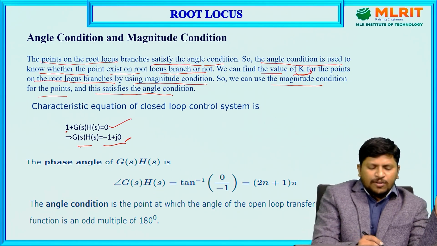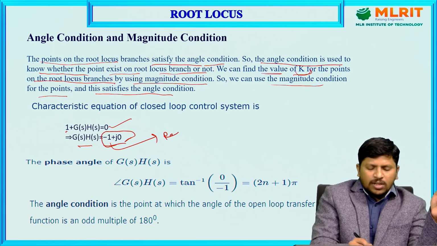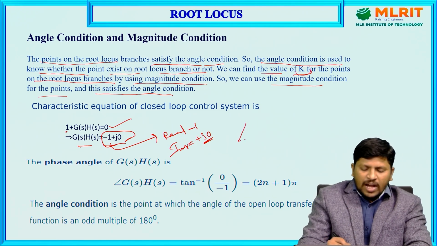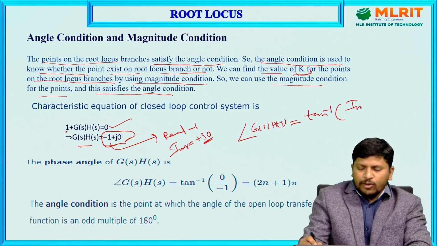Characteristic equation. From this characteristic equation here, the real part is nothing but minus 1, and the imaginary part is nothing but plus j naught, imaginary. So real and imaginary parts are there. So angle of g of s and h of s equals what? Tan inverse of imaginary part divided by real part.